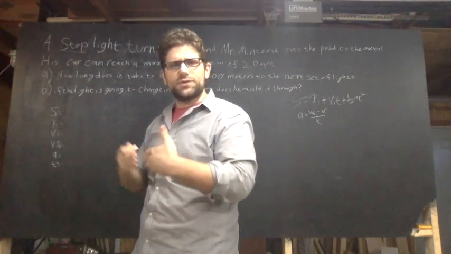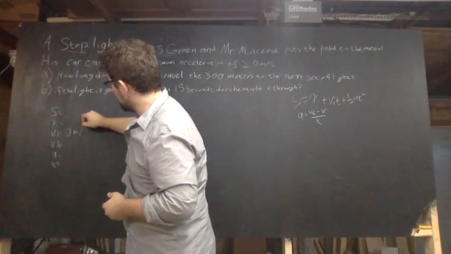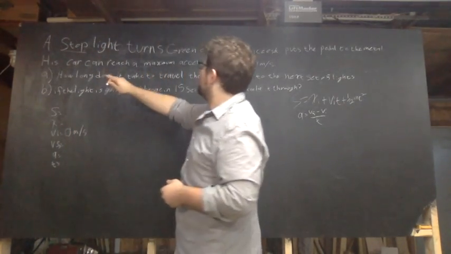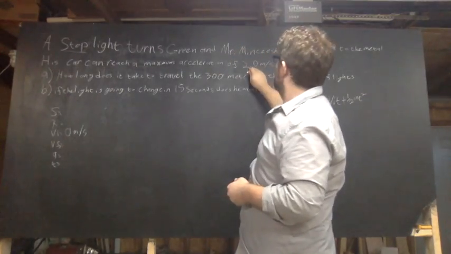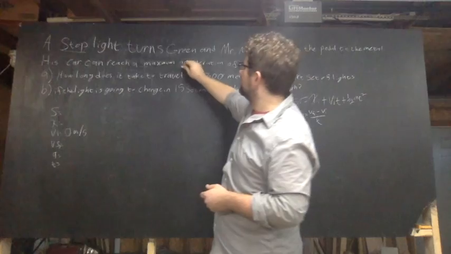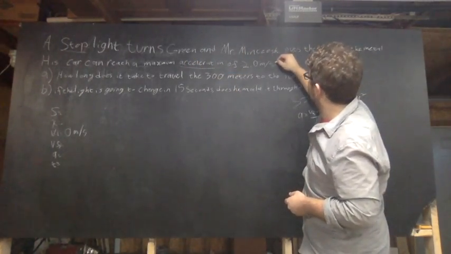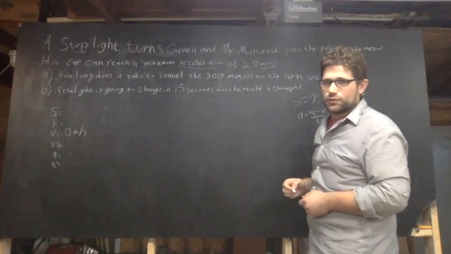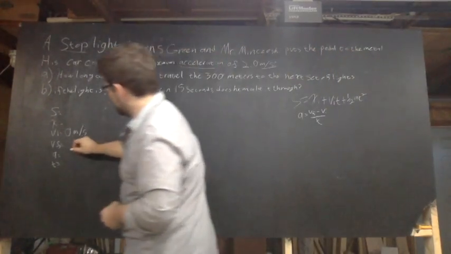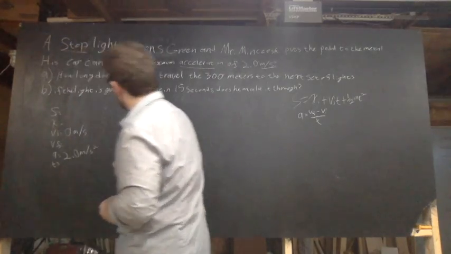And since that's the start of our motion, then our initial velocity is 0. We know that our acceleration is 2.0 meters per second squared because we're told an acceleration, and we have the units, meters per second squared. So 2.0 meters per second squared.